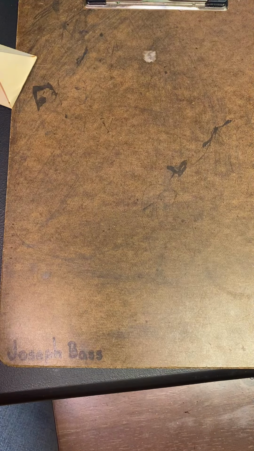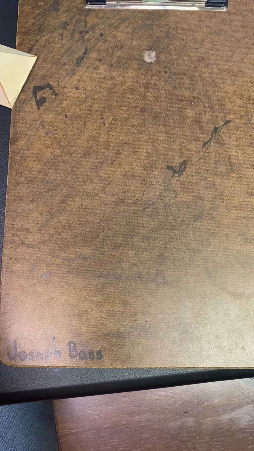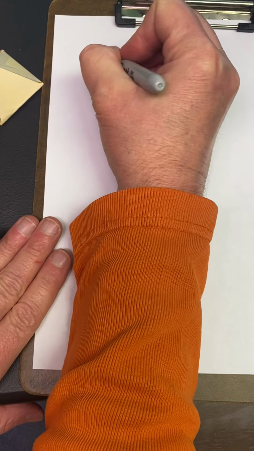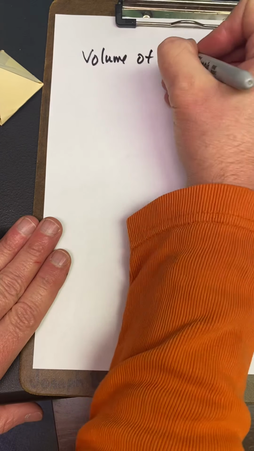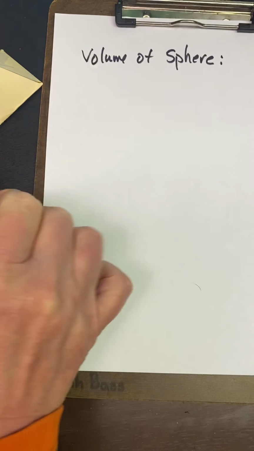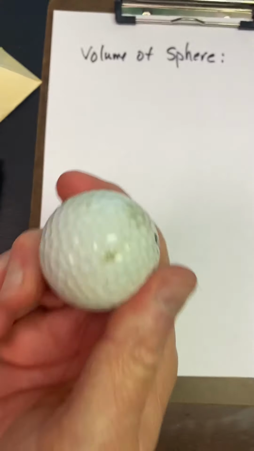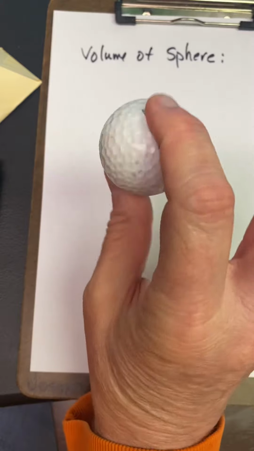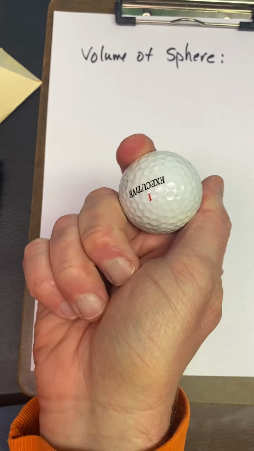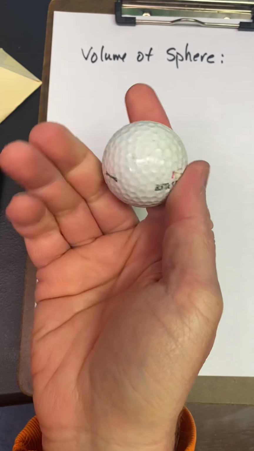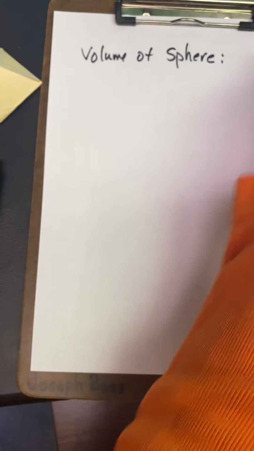The volume of a sphere. This isn't exactly a sphere because golf balls are dimpled, but a sphere is roughly a ball like that. I'm going to assume I have a standard size golf ball here.